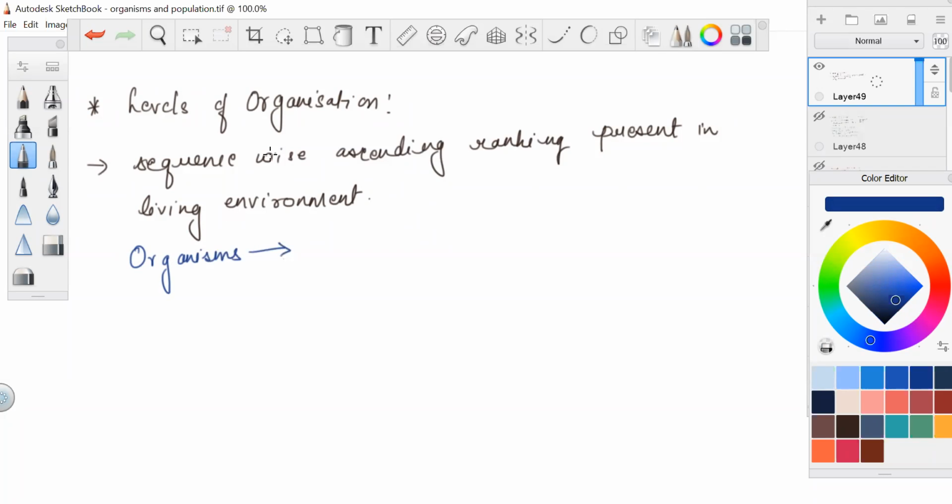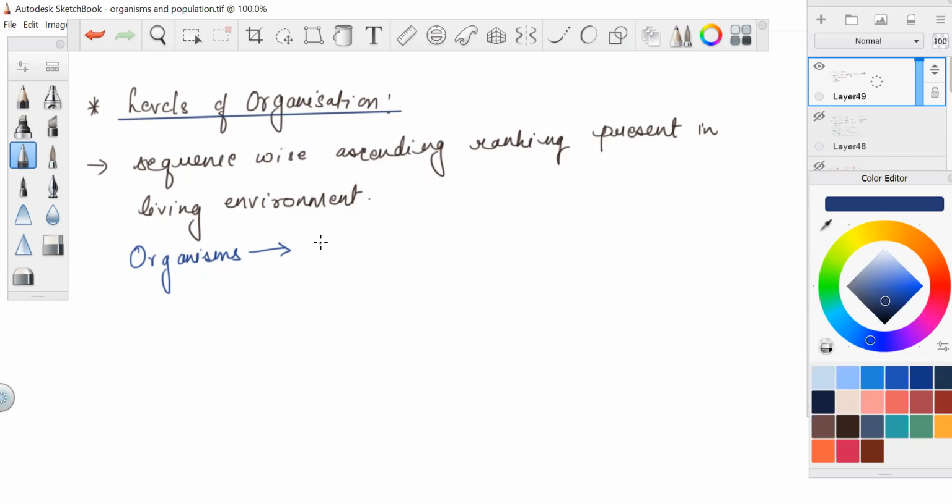This is not the ecological sequence right now; we are seeing just the levels of organization.